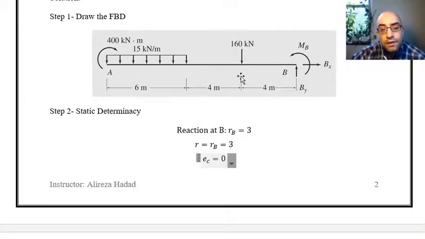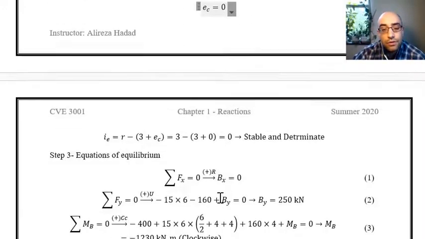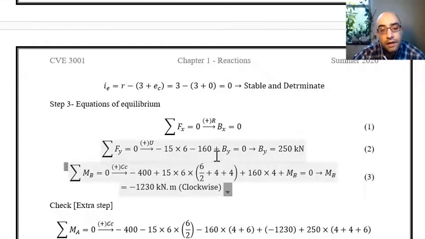I also have 160 over here, and the only remaining thing is By, the reaction at point B. So minus 15 multiplied by 6 minus 160 plus By should be equal to 0. Based on this, we can find the vertical reaction at point B, which is 250 kilonewton.